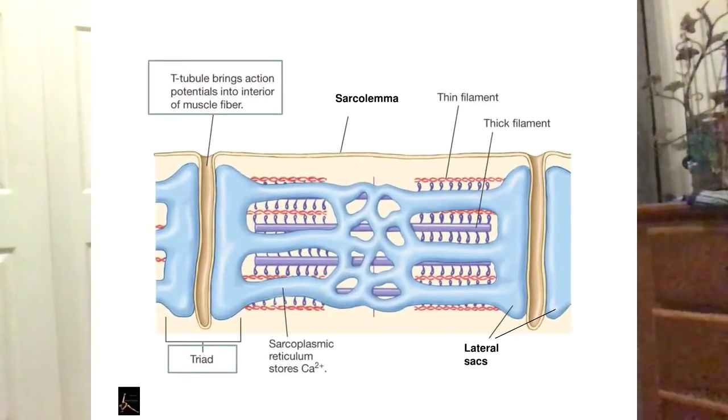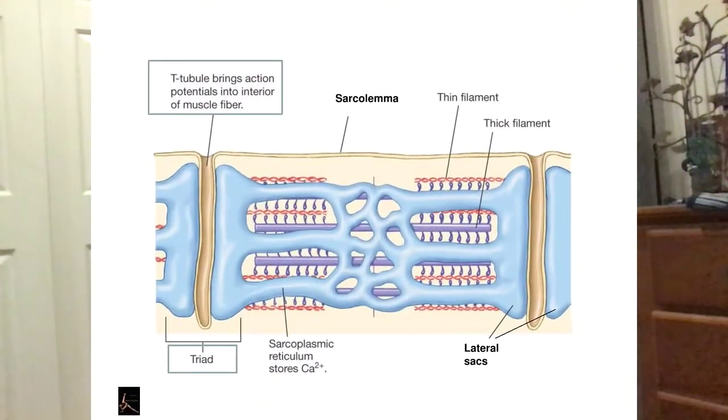This would be looking inside just a portion of a skeletal muscle cell. A skeletal muscle cell has a cell membrane, but if you've had anatomy, recall that in muscles, instead of calling it the plasma membrane, we call it the sarcolemma. Sarco refers to flesh, meaning muscles. Sarcolemma, that's in bold up there. That's just the cell membrane.